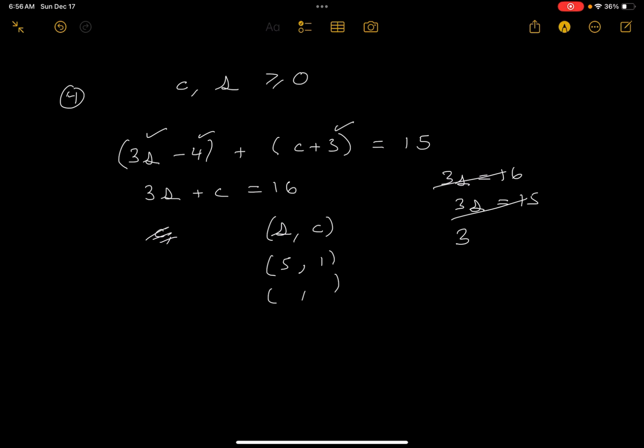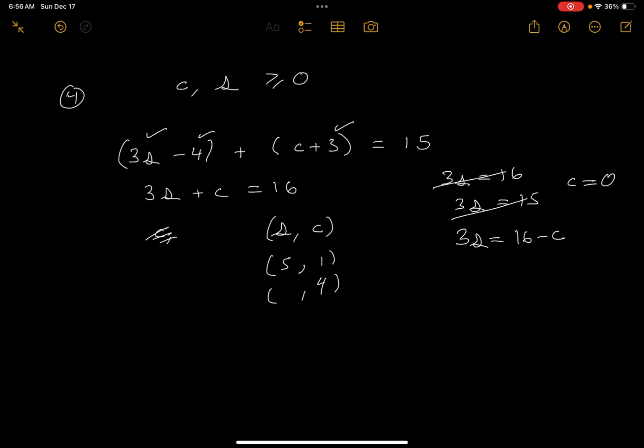So let me write this over here. The best way to do it is maybe write down 16 minus C. So 0 didn't work. I can't use that because 16 is not divisible by 3. I tried 1, that worked. 2 is not going to work, you get 14. 3 is not going to work, but 4 would work. And why is that? You get 12.